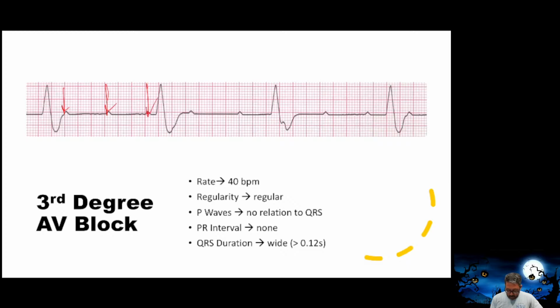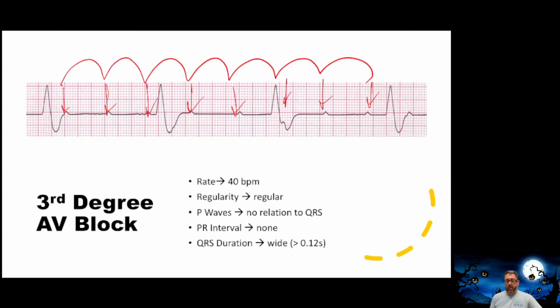You see how the P waves, every arrow I'm drawing here is regular. The SA node is still going to fire like it normally does, but the AV node is shot. And so now you have the intrinsic ventricular rate taking over.